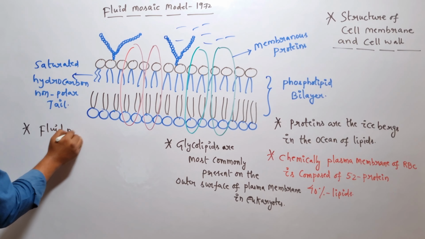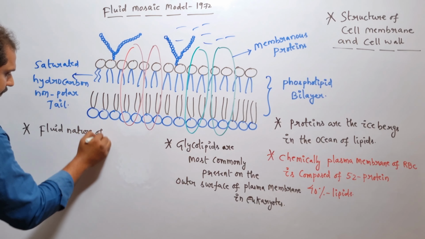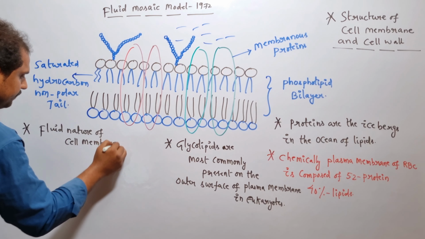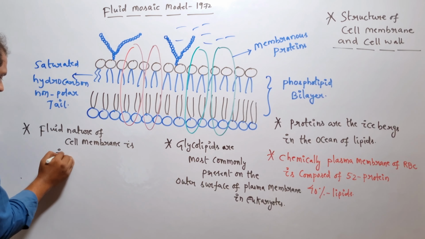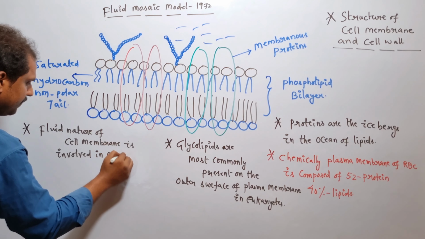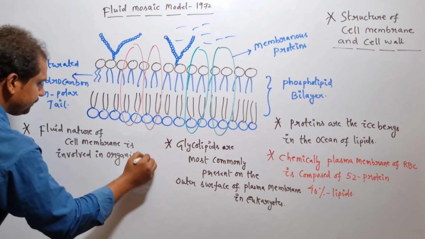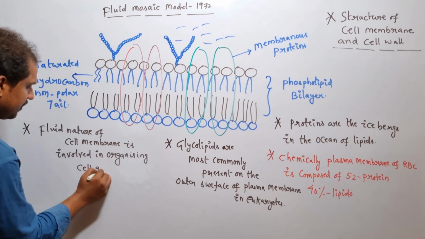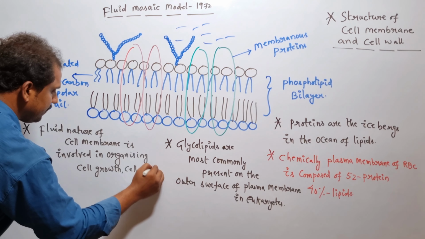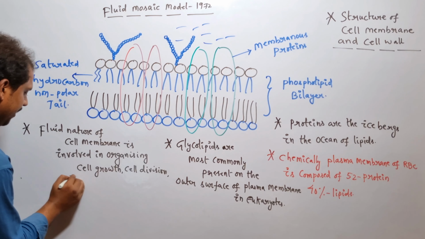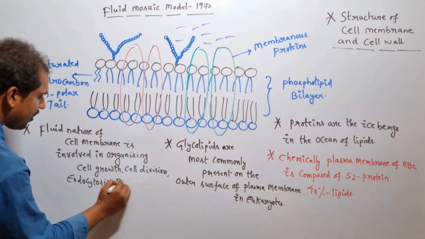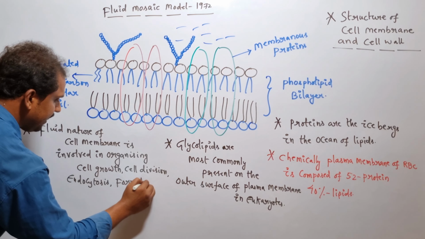Fluid nature of cell membrane is involved in organizing cell growth, cell division, endocytosis and formation of intercellular junctions.